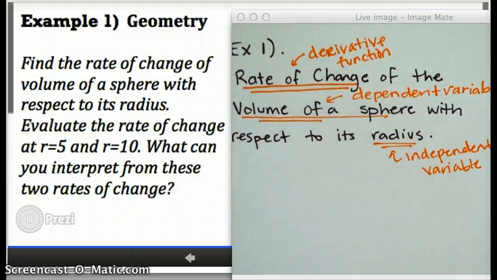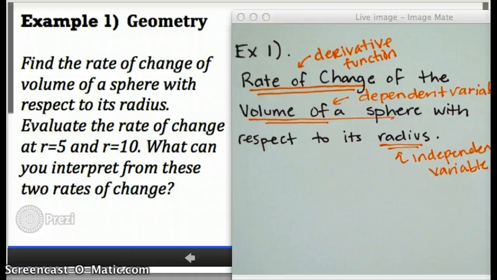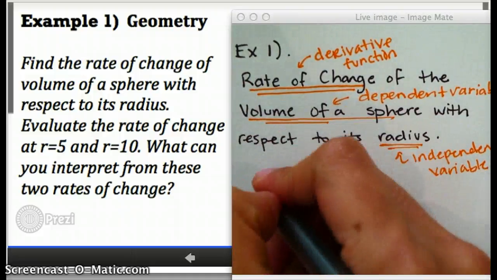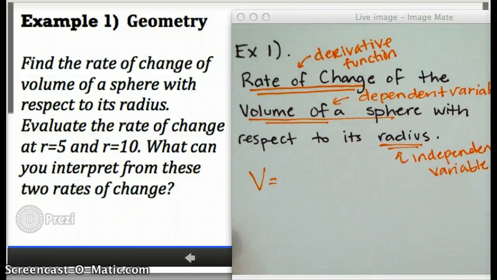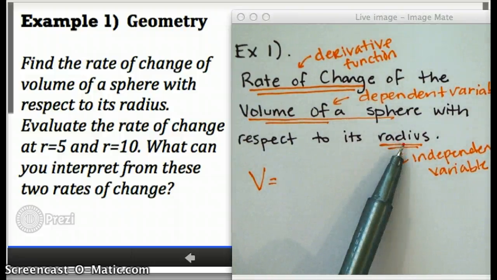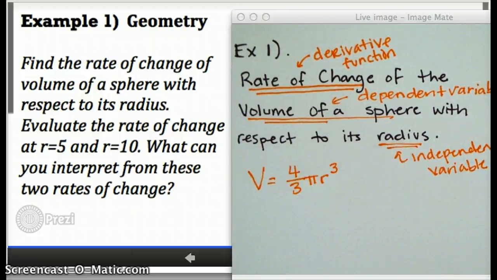What's interesting is that they don't actually give us the original function. So to start this problem, I'm going to need to come up with a formula for the volume, and the formula is going to have a variable r in it. As it turns out, the volume of a sphere is 4/3 pi r cubed, and in order to answer this question, you would either have had to know that or you would have had to look it up.